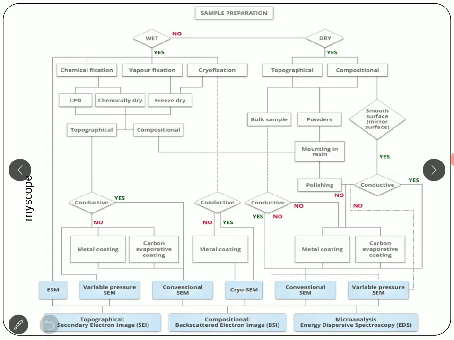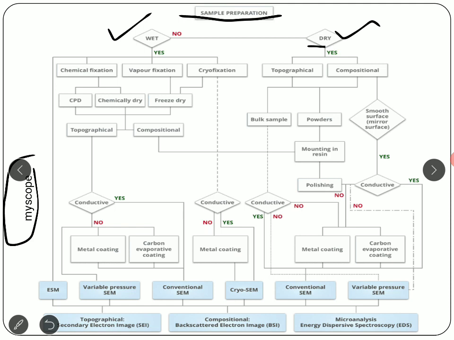So that's there. And if you look into this table for sample preparation, it's basically a very big table, okay. You can again go to this MyScope website. In fact, if you are doing SEM, you can take a printout of this and put it in front, okay. So if you consider a sample, it can be wet or it can be dry.